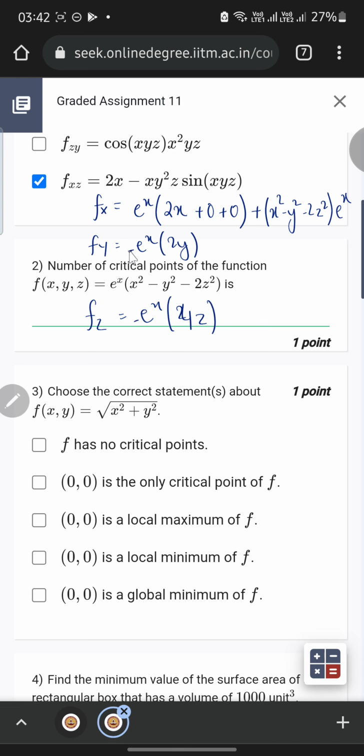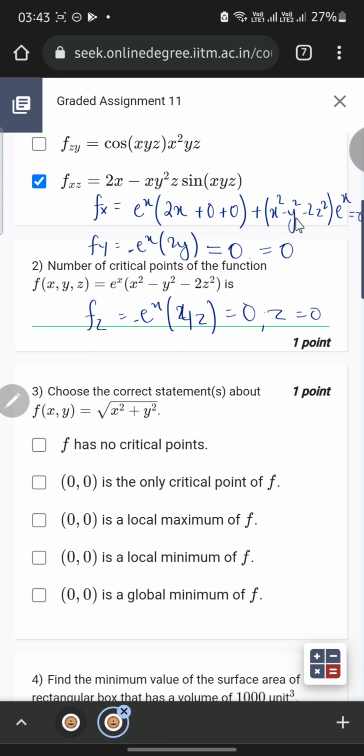So we can surely say that this would be equal to 0, 0 and 0 to find the number of critical points for the function. So here z will be equal to 0, and here also z will be equal to 0, and we need to find the intersection of all of these.